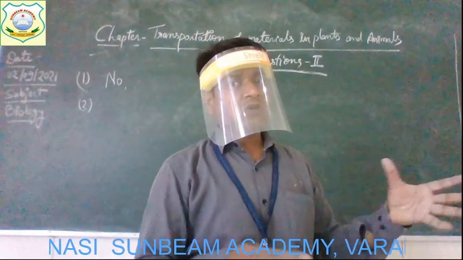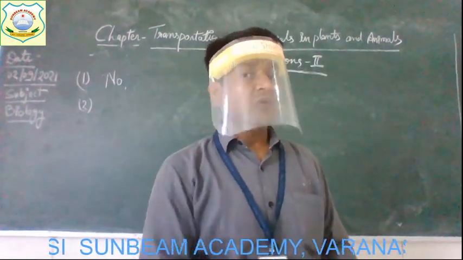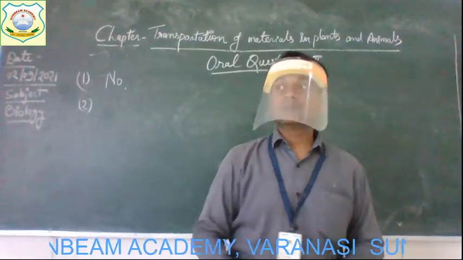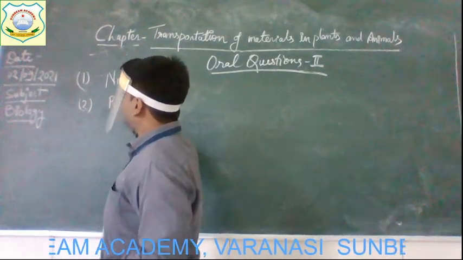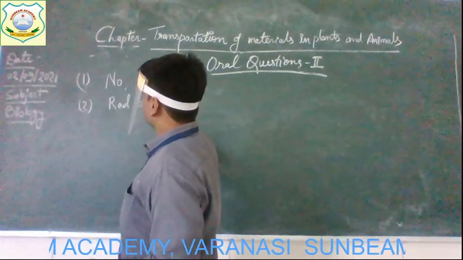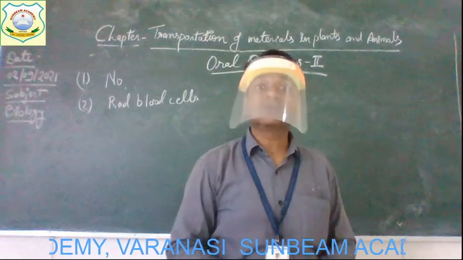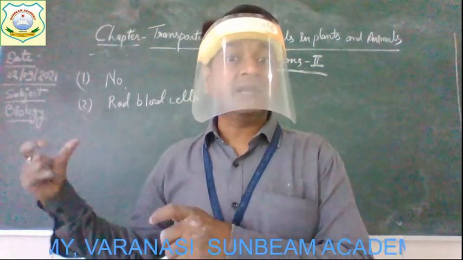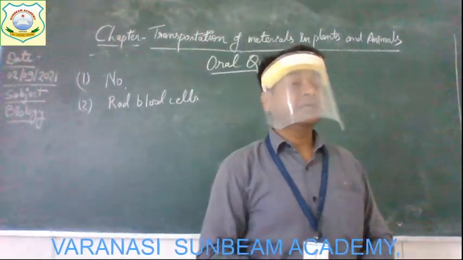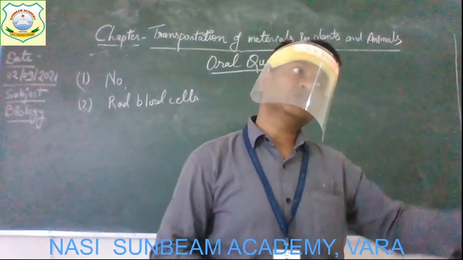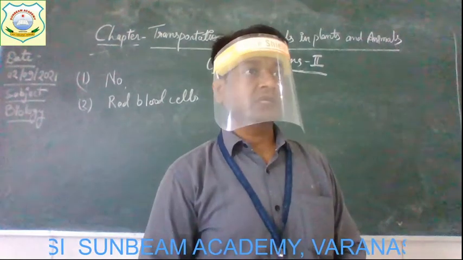So out of all these cells in blood, which one is responsible for transport of oxygen? Red blood cells are responsible for transport of oxygen because these red blood cells have what? Hemoglobin, which carries the oxygen and transports it to all parts of the body.